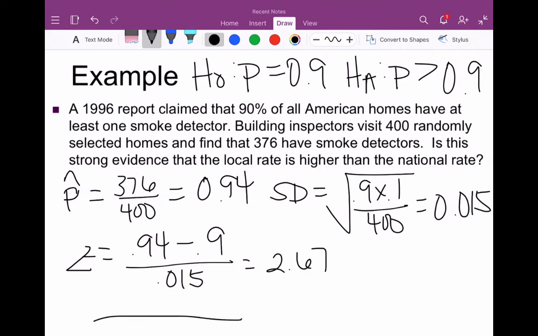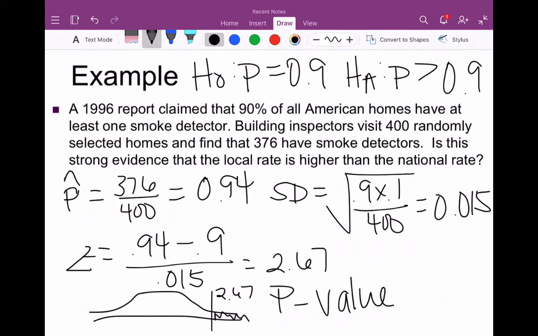So I'm going to sketch the normal model to show the area that we need. Here would be a z-score of 2.67. My alternative is greater than 0.9, so I'm looking for greater than that, so just that area right there. So then that will give me a p-value of 0.0038, or 0.38%. Now this is a low p-value.